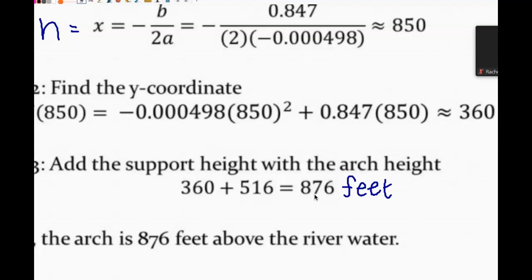Therefore, the highest peak of that bridge to the water is 876 feet. On average, if you're 6 feet tall, that would be 146 of you, more than your whole entire graduating class standing on top of each other.